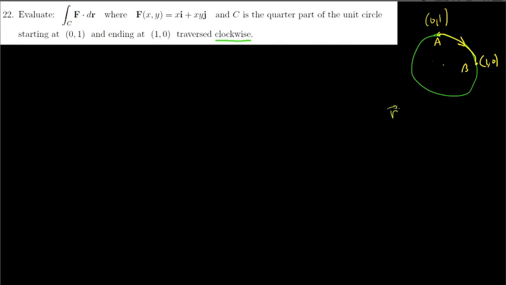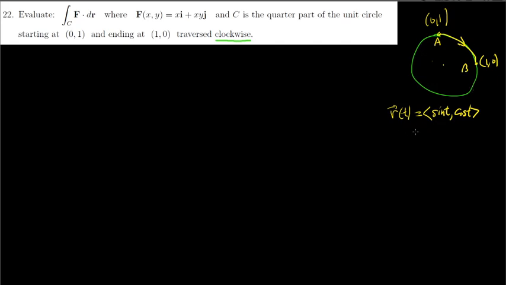So the parameterization for that, the easiest way is just to use sine of t for x and cosine of t for y, which I know is usually backwards. We usually do cosine and then sine, but that goes counterclockwise. So if you're going to do that, you're going to have to somehow run backwards, from 1 to 0 instead of 0 to 1.